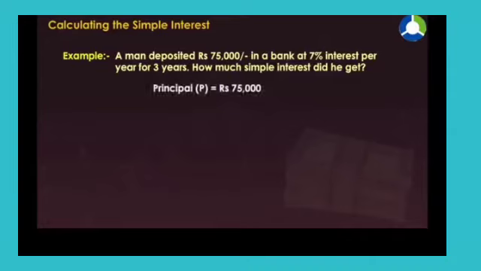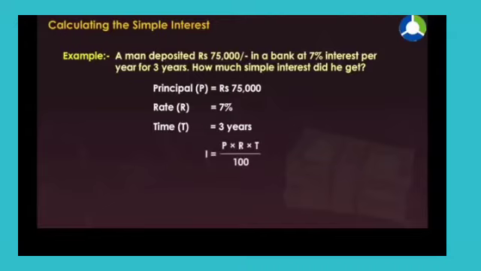Solution. Here, principal P equals rupees 75,000. Rate R equals 7% and time T equals 3 years. We know that simple interest I equals principal P multiplied by rate R multiplied by time T upon 100.